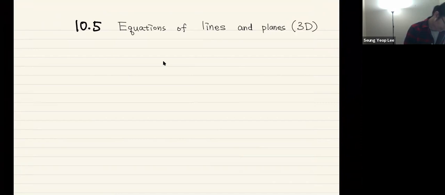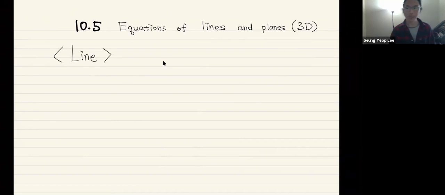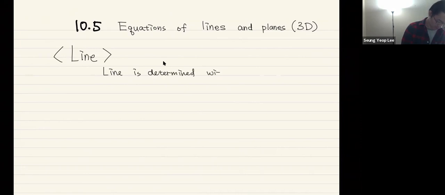The first line. Okay. So in 2 dimensions, we also learned how to write down the equation of the line given a point and the direction. A line is determined by a point and the direction.